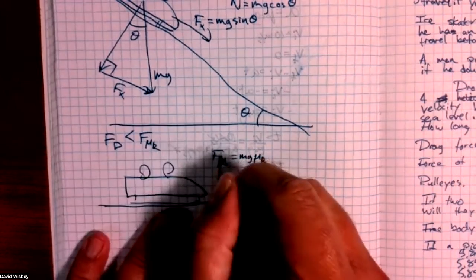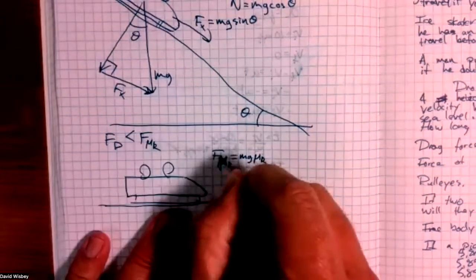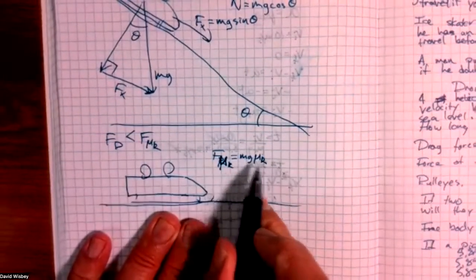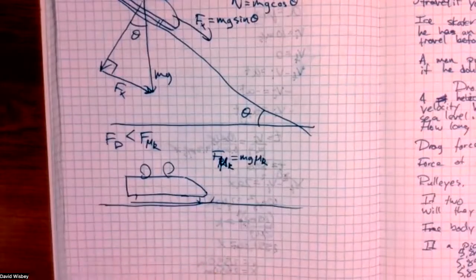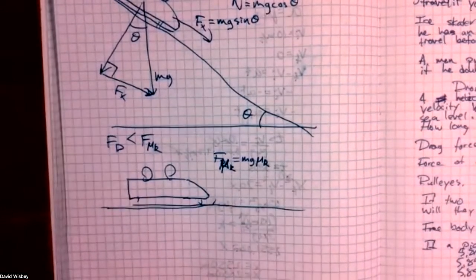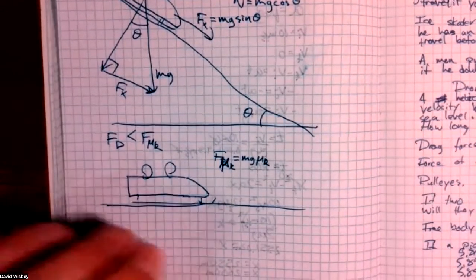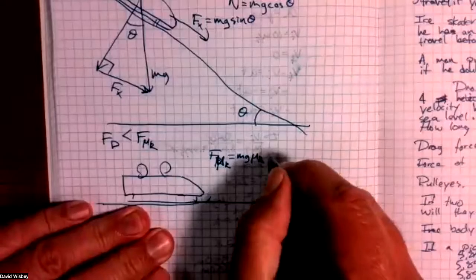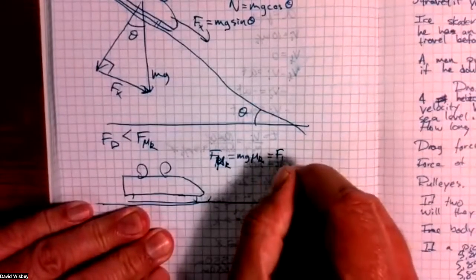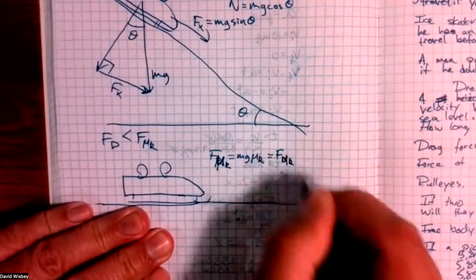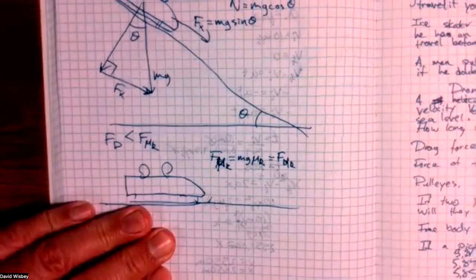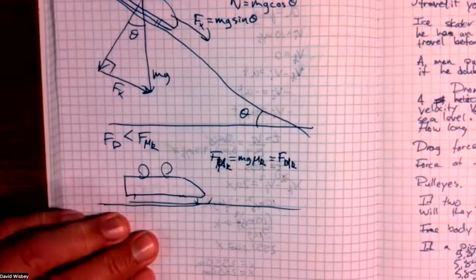That's supposed to be mu k. So if I said, what is the acceleration now? What would you say? So this is our force due to friction. How would we find our acceleration now?